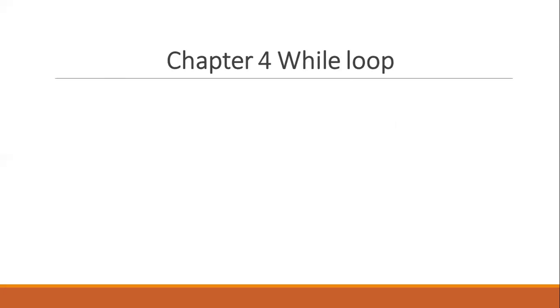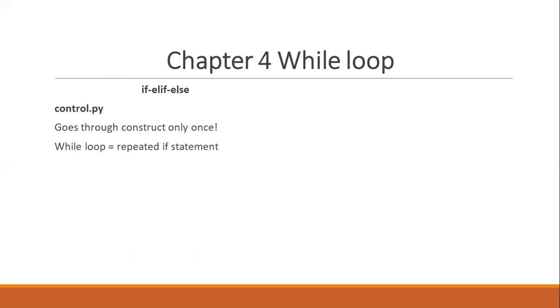Now we will discuss chapter 4 of this course, which is while loop. We will discuss if else. It includes control.py. It goes through a construct only once. While loop is equal to repeated if statement.